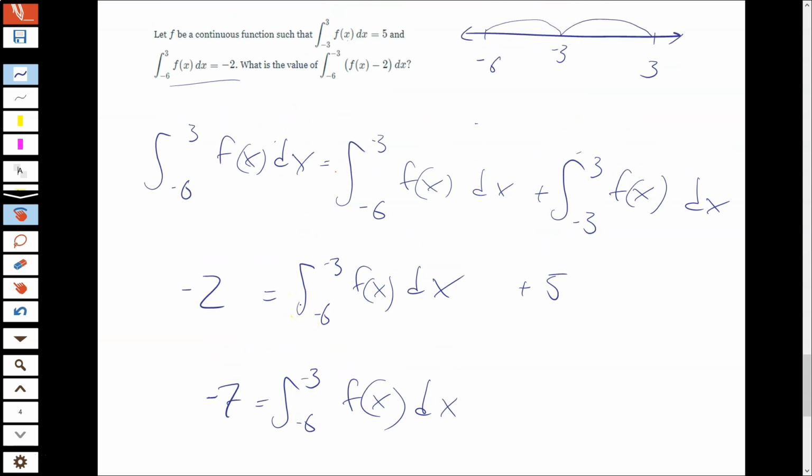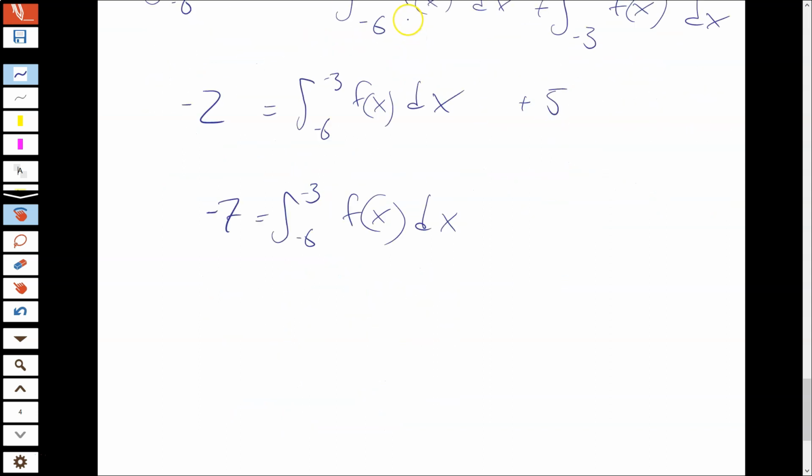So what I do now is I can substitute, and then notice this constant is an integral that I know how to find, right? So I'd say that the integral from -6 to -3 of f of x minus, what was it, 2?